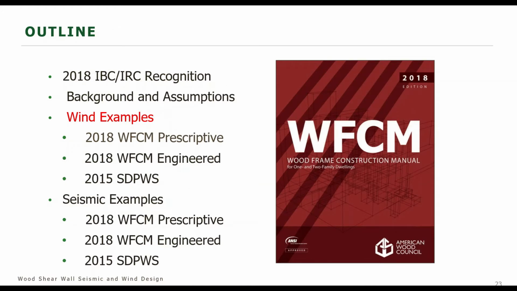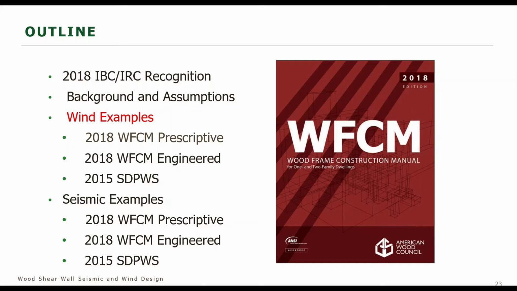So we're going to go now into the wind design examples. The first one I'll do will be the 2018 WFCM prescriptive approach. And as you might guess by the name, this is the most prescriptive, and it provides the simplest design approach, the least amount of actual number crunching.